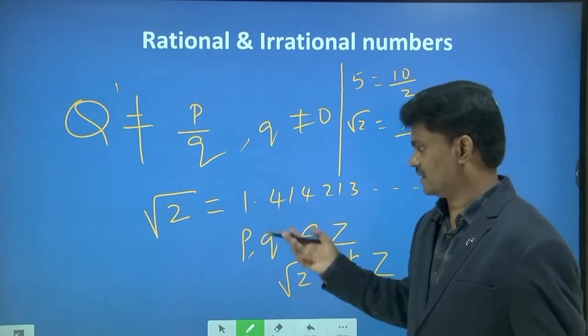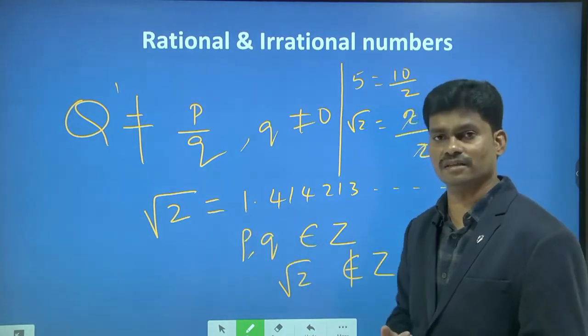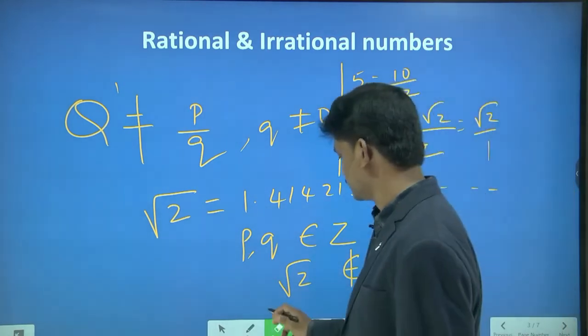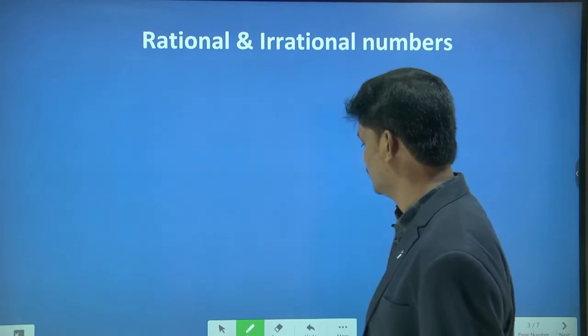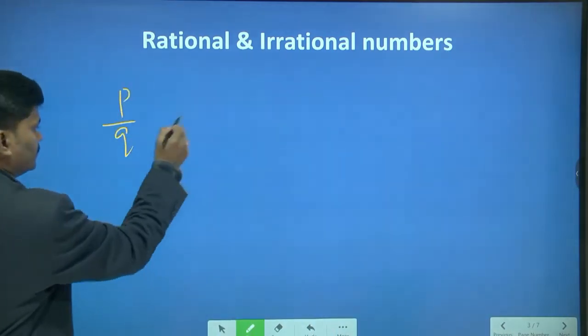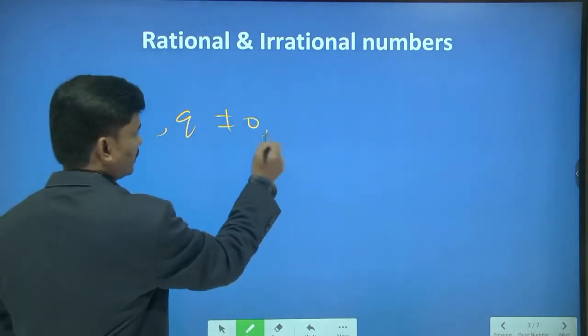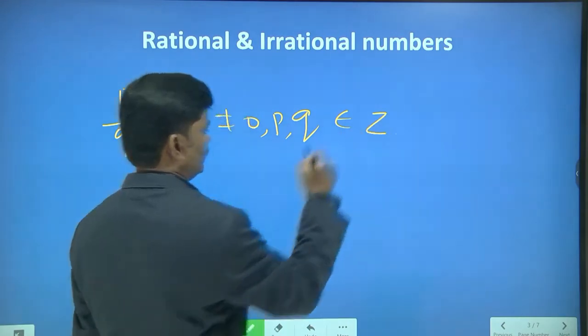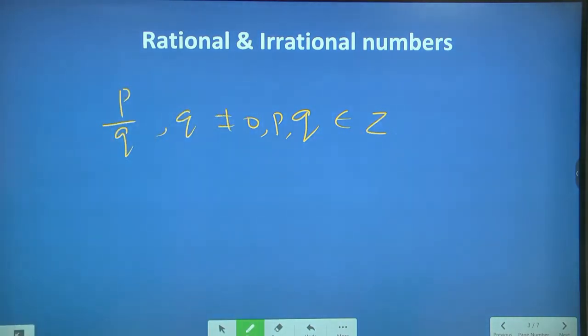So we can't say root 2 is rational. Root 2 is irrational. So P and Q should be integers, Q not equal to 0. Hope you are following, right?